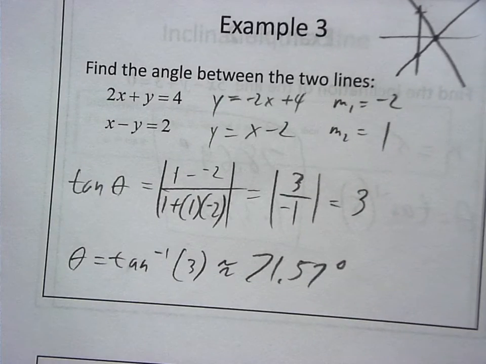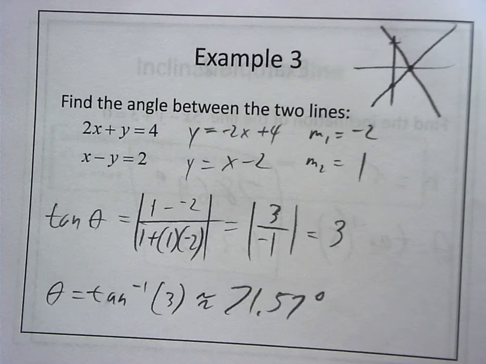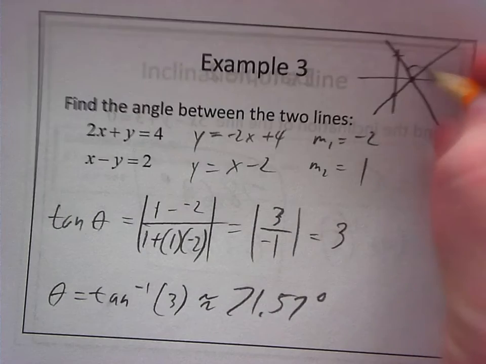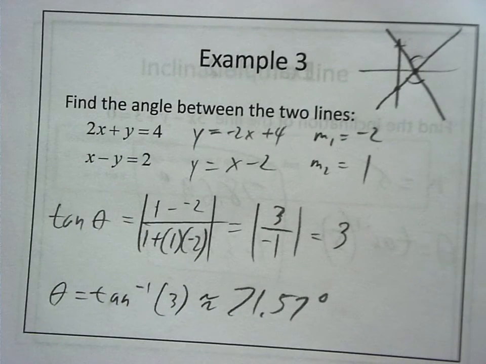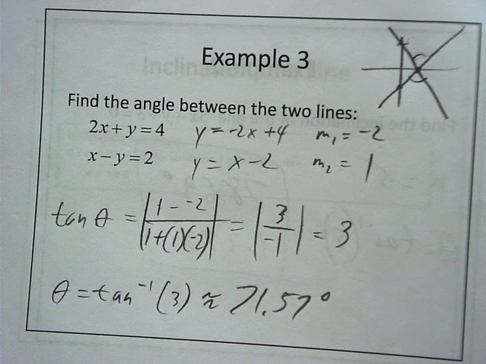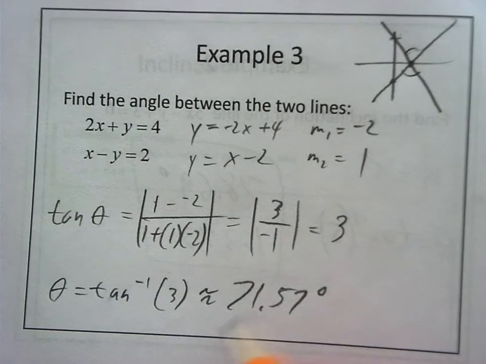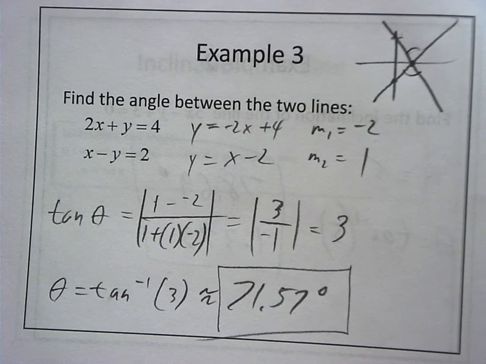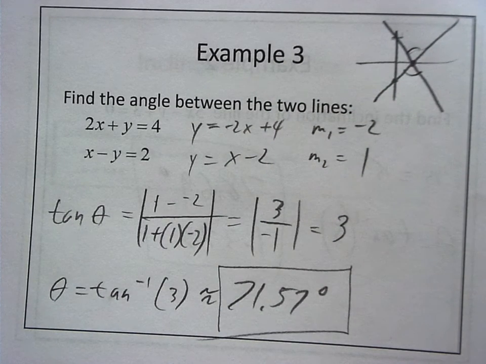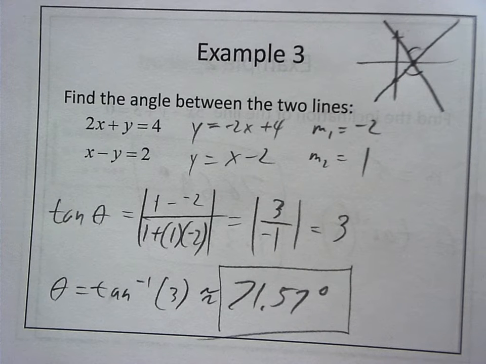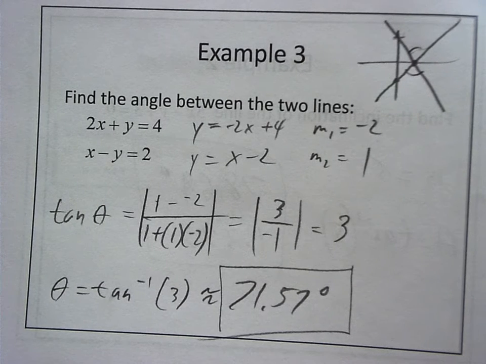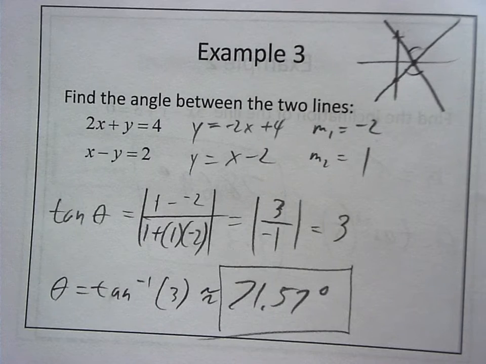Compared to the point of intersection, where's the 71 degrees at? Yeah, 71.57 is here and here. The other ones I would just subtract from 180. So typically when you're just doing two lines, you just need one of them, usually the one that's less than 90, the acute angle. You don't need both, but visually I want you to understand where they're coming from.